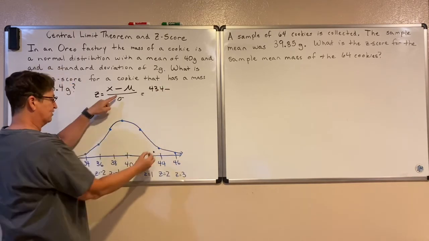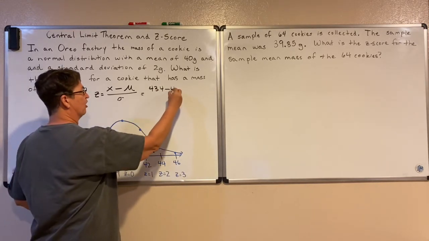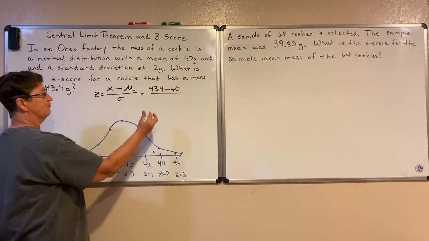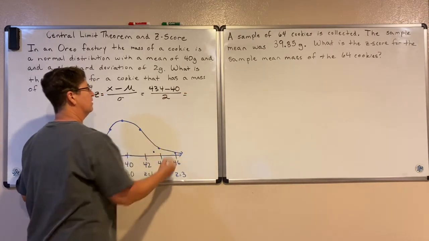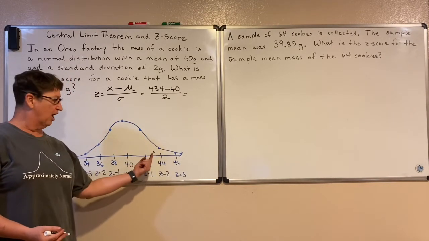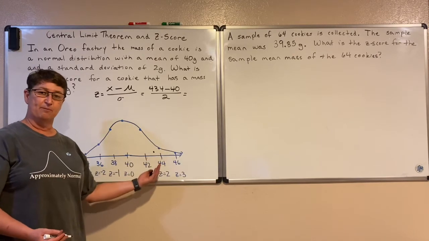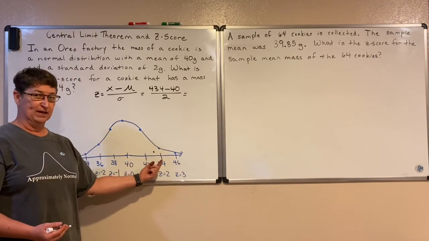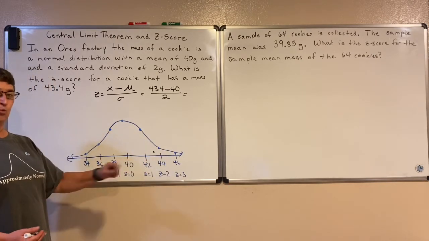I'm going to subtract my mean to find out how far away it is, and I'm going to divide by this width of 2. We know that our z-score is going to be positive because our data value is above the mean, and it should end up being 1 and a little bit just by looking at where it's sitting.